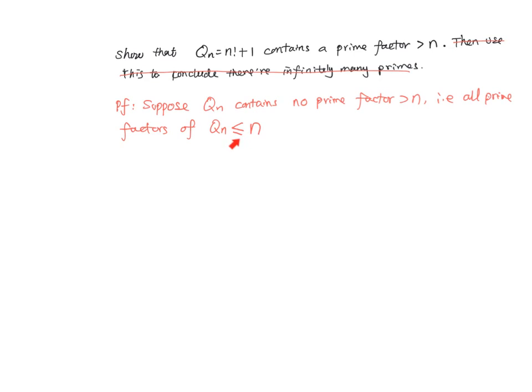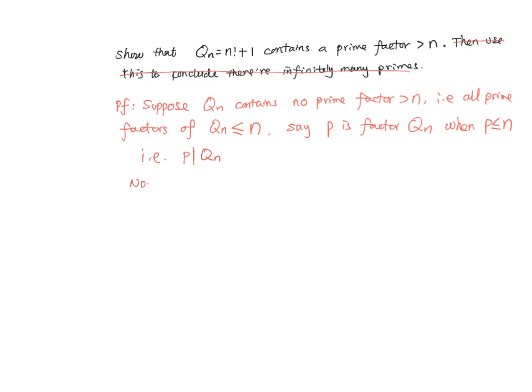That's its equivalent statement. Let's say P is a factor of Qn in this case, where P is less than or equal to n, because that's coming from the assumption, i.e., P divides this Qn. That's what we know from the assumption.